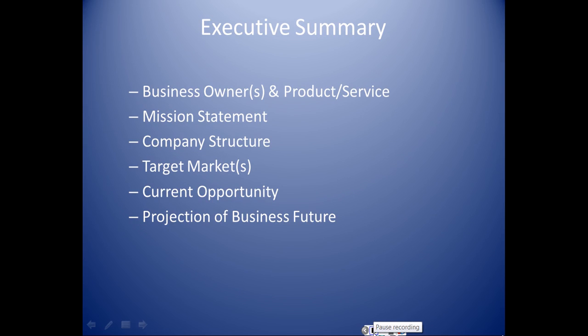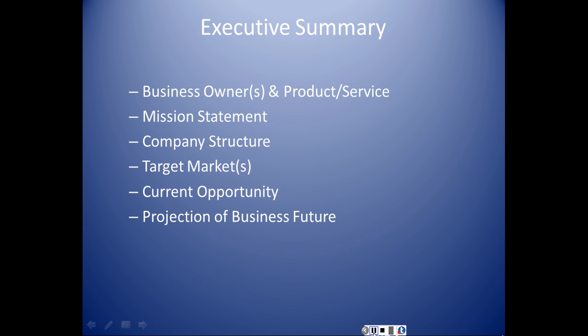Additional elements of the executive summary include identifying who your target market is, who the customers and consumers are, the people you're going to focus your attention on.